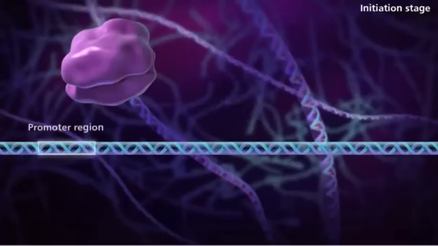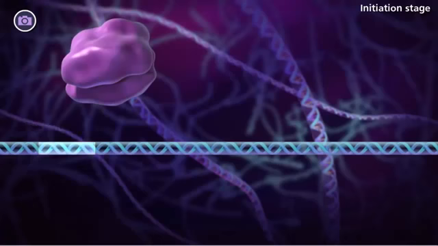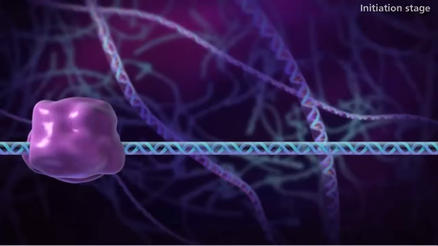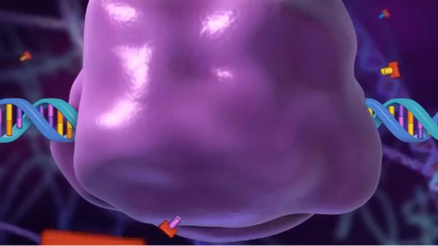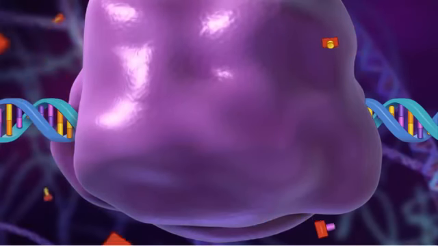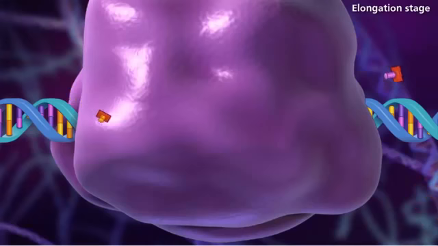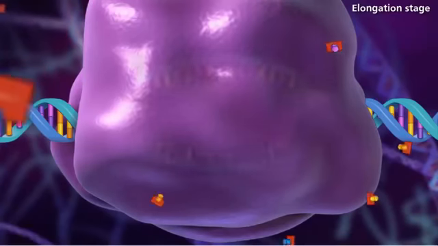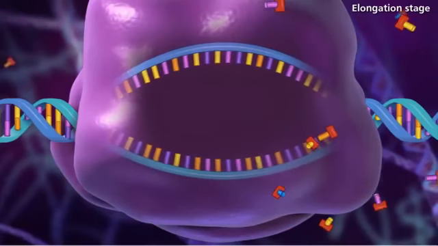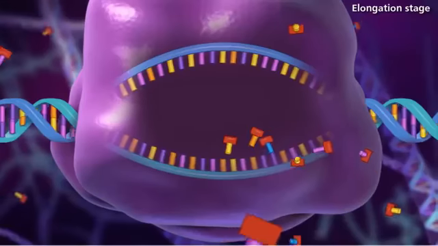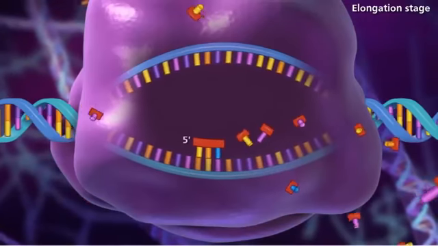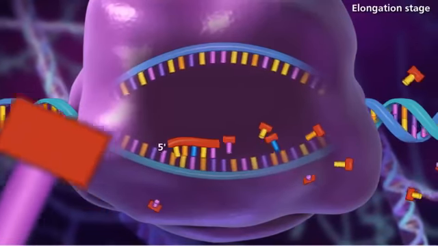During initiation, the promoter region of the gene functions as a recognition site for RNA polymerase to bind. This is where the majority of gene expression is controlled, by either permitting or blocking access to this site by the RNA polymerase. Binding causes the DNA double helix to unwind and open. Then during elongation, the RNA polymerase slides along the template DNA strand.